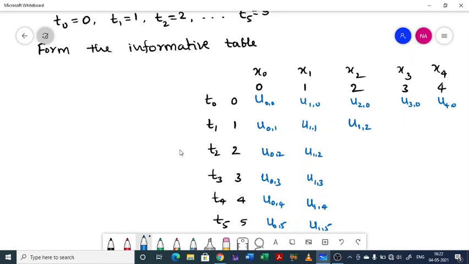Okay, no, this is not correct. u1,1, 1,2, correct, right? This is u2,1.